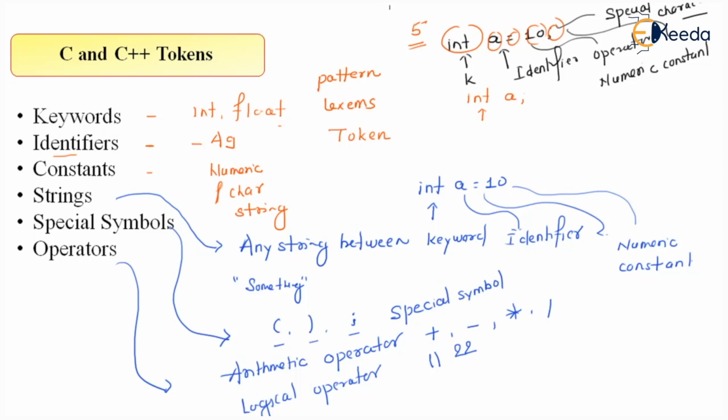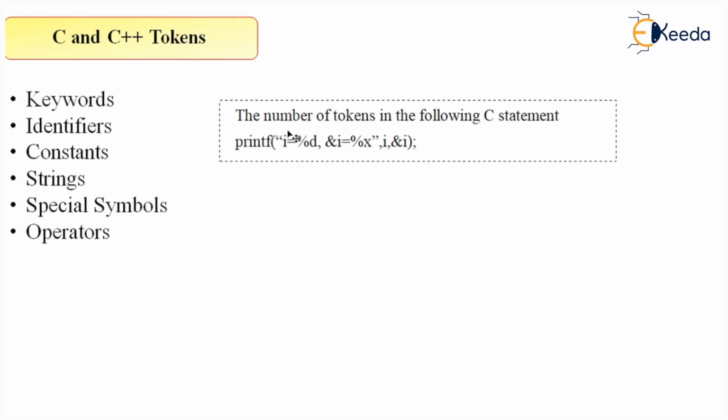Let me take one more example and talk about the number of tokens in it. Look at this problem: the number of tokens in the following C statement. Here we have printf, and then the entire statement.